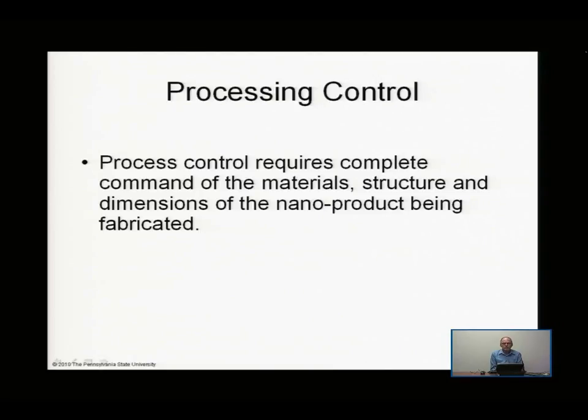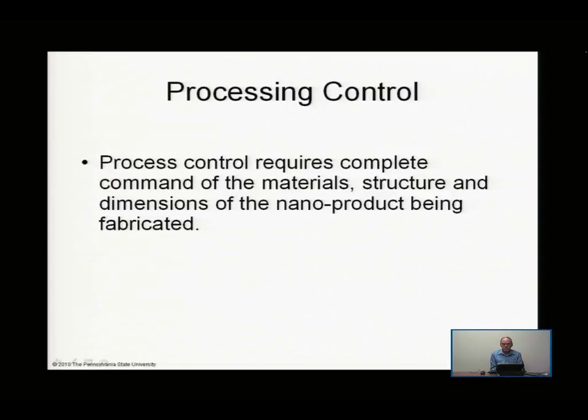Can't leave anything up to nature, can't leave anything up to just chance. Have to be in complete command of the materials, the structure, and the dimensions of what you're making. So process control is extremely important, and that means that there can't be any contaminants getting into the process. So contamination has to be very carefully controlled.